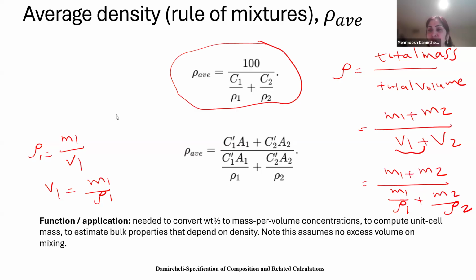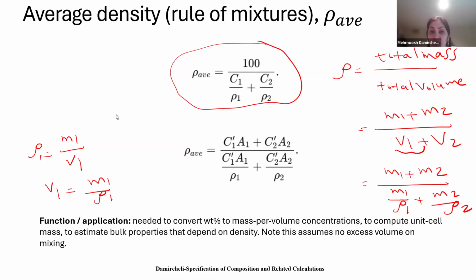If we want to write it as atomic percent, we can again do the same. So rho average is (C prime 1 A1 + C prime 2 A2) divided, in the denominator, by (C prime 1 A1 per rho 1 plus C prime 2 A2 per rho 2). What is the function or application of knowing this?